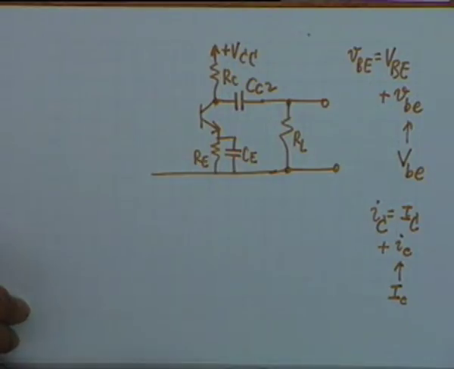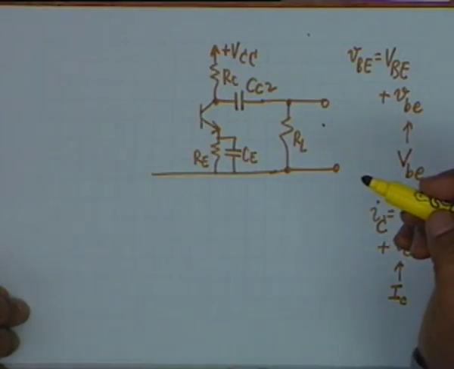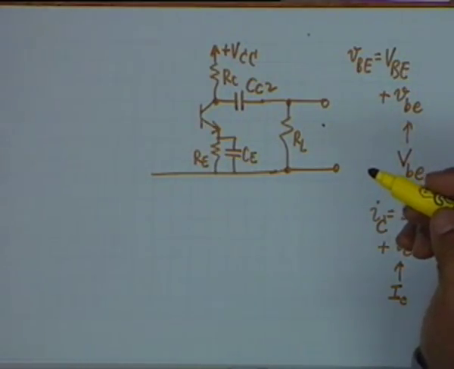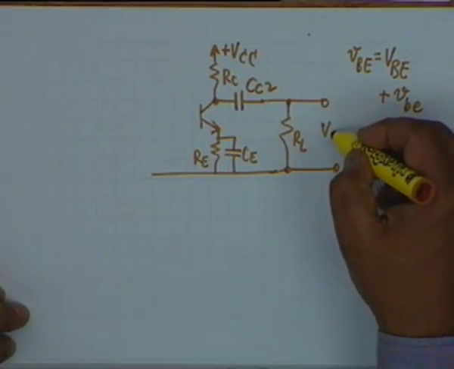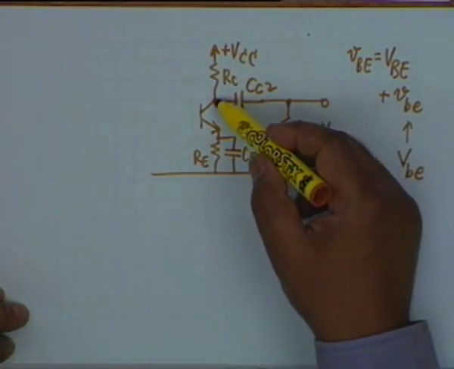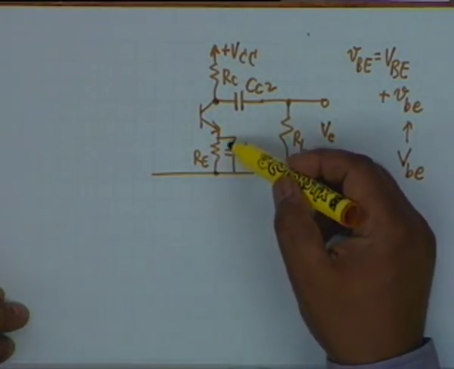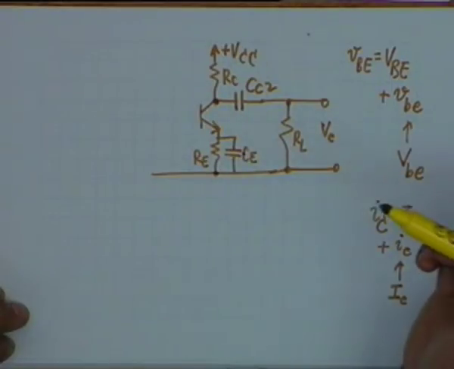Okay. This is the notation that we shall follow, and therefore what should we call this voltage? This voltage root mean squared value. We will only write root mean squared values now. It should be called V sub small c, that is all. It is the voltage of this point with respect to ground, because CE is short.